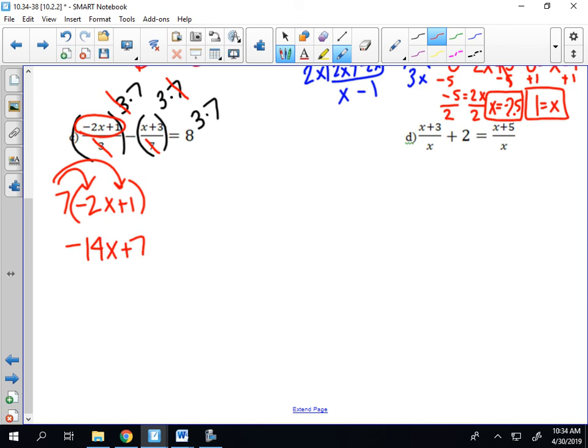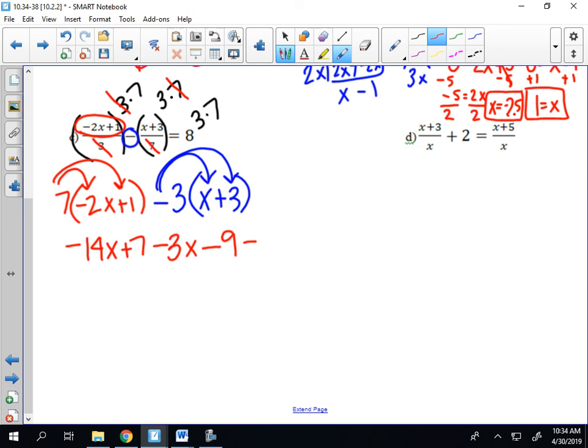And this one right here is going to be negative, so minus 3 times x plus 3. So let's take that and multiply using the distributive property. So I get minus 3x minus 9 equals 8 times 3 times 7, which is 168. So let's combine any like terms that we can.